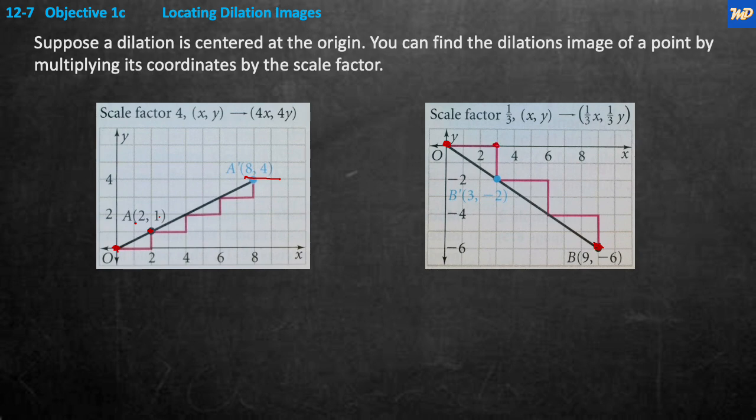Here's x equals 3. And we divide y by 3. y is -6, so we end up with -2. Here's our new B prime, which is 3 comma -2. We've now reduced it in length, staying along the ray. We don't slide off the ray, we stay on the ray.